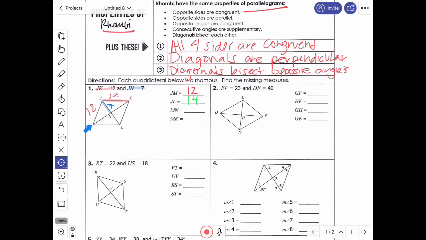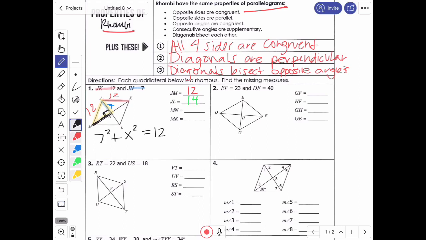Okay, so if you want to go ahead and put MN as 7, that's not always going to be correct. Instead, what we know is that these diagonals are perpendicular to each other, so we now have 4 right triangles within this rhombus. So if I just look at this triangle right here in yellow, I have a right triangle. So I'm going to use the Pythagorean theorem. 7 could be my a, so I have 7 squared plus, if I'm finding MN, x is what I'm figuring out, equals, and then 12 is my hypotenuse, so 12 squared.